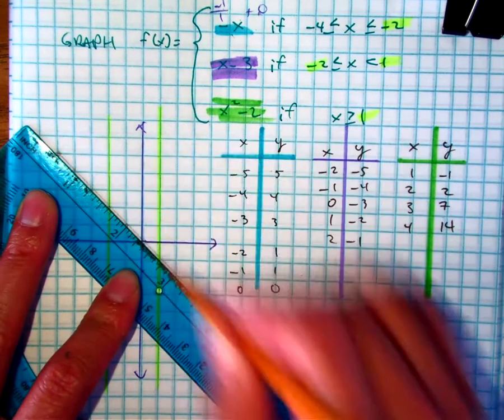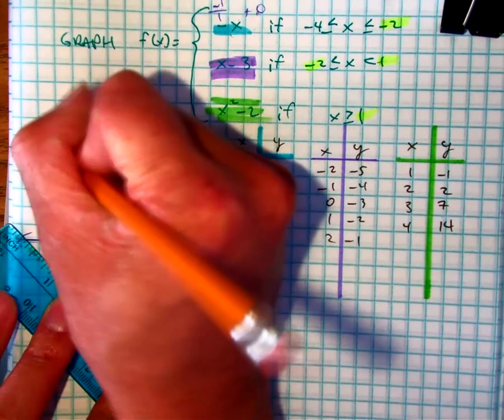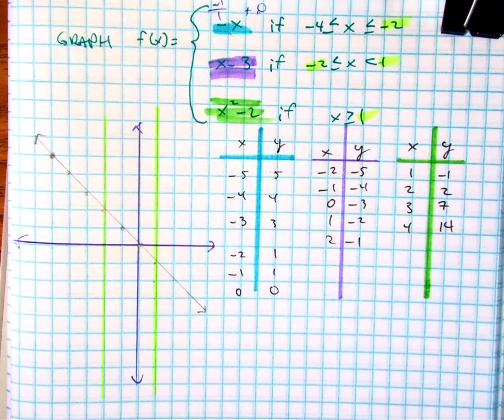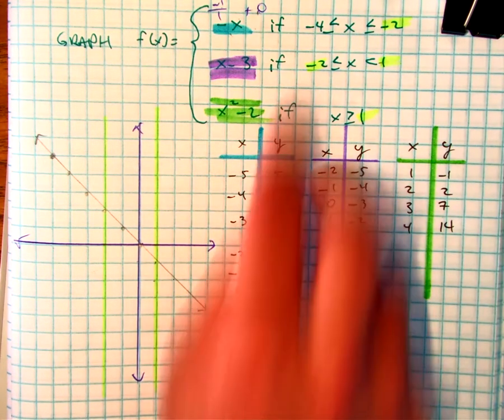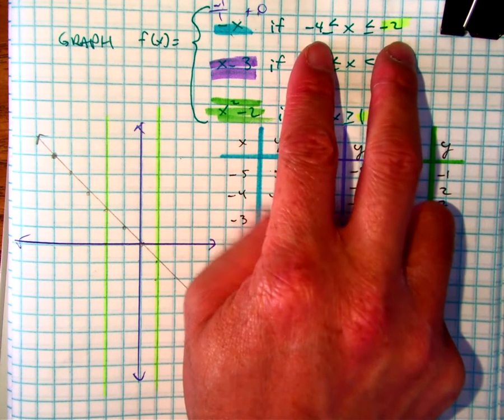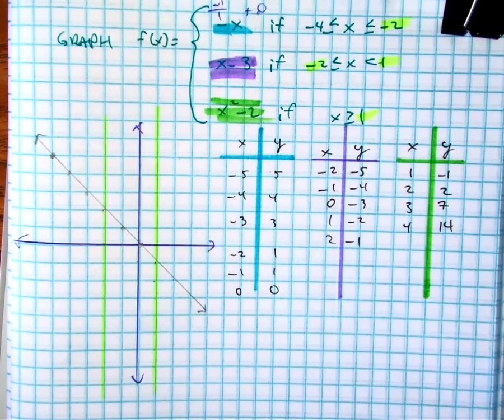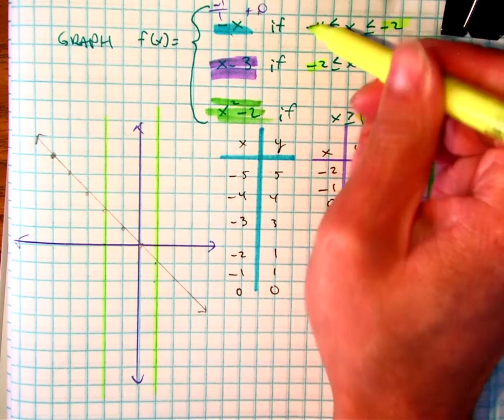Yesterday we learned to first graph it, and then we're going to go back and erase. This one says values between -4 and -2. I missed a boundary. This one says -4.